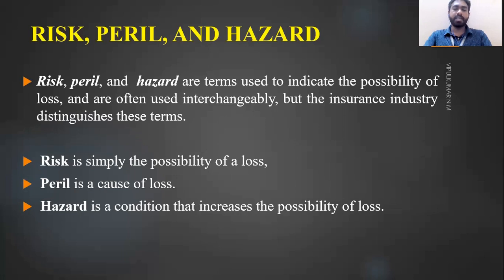Hazard is a condition that increases the possibility of loss. Any condition which increases the possibility of loss is considered a hazard. These are the three terms used in the insurance industry, and they are different. Risk is the possibility of loss, peril is the cause of loss, and hazard is a condition that increases the possibility of loss.